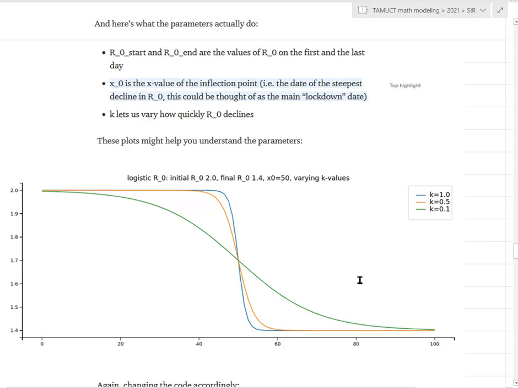I think if you passed a law on a certain day for lockdown, you'd have a more sudden change, or if people change their habits over time, you'd have a more gradual change. But here you have the R0 going from 2 down to 1.4. Now 1.4 is still bad. It means that each infection produces 1.4 infections, which is not good. As we've said before, you want your R to be less than 1.